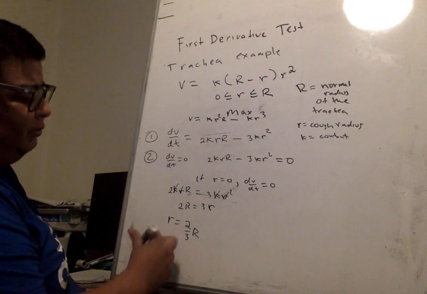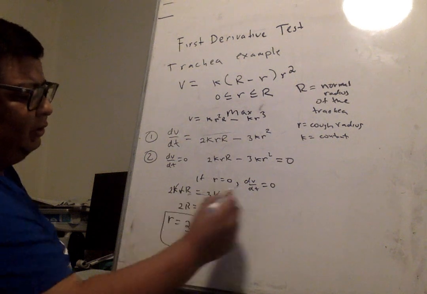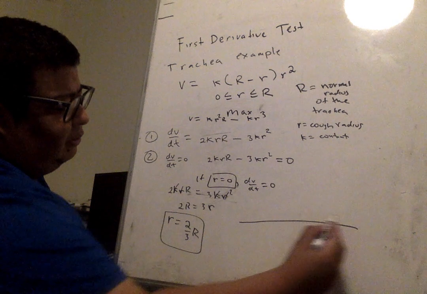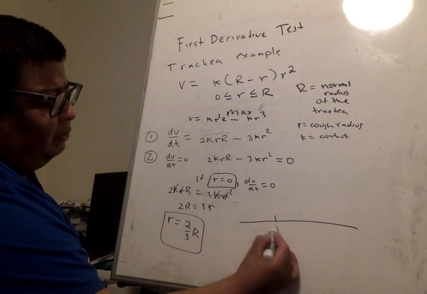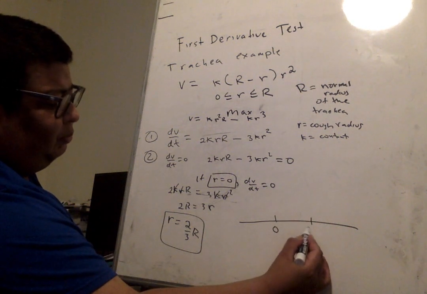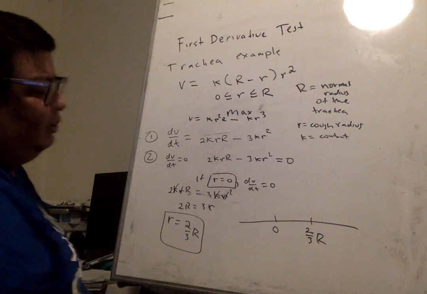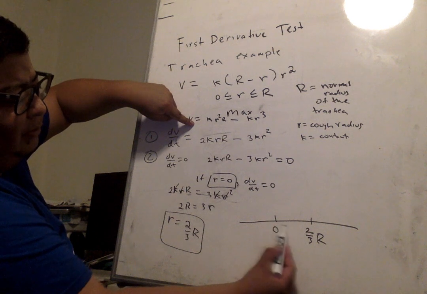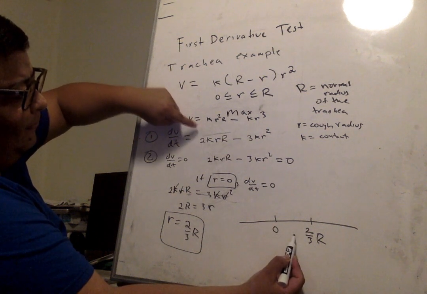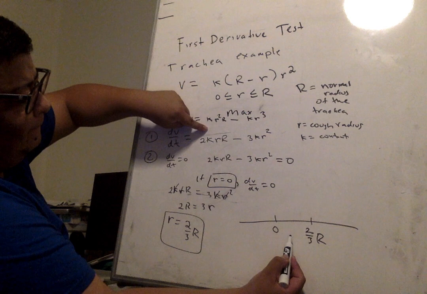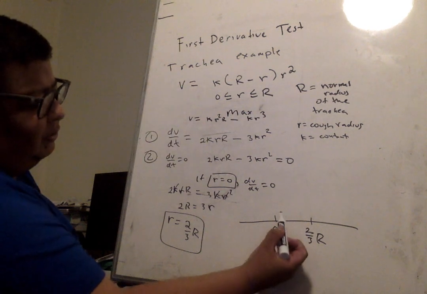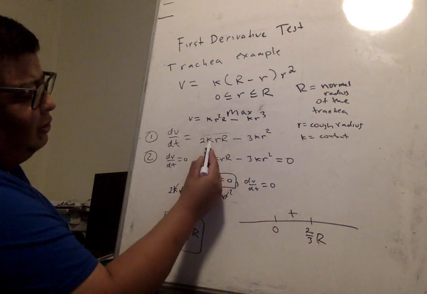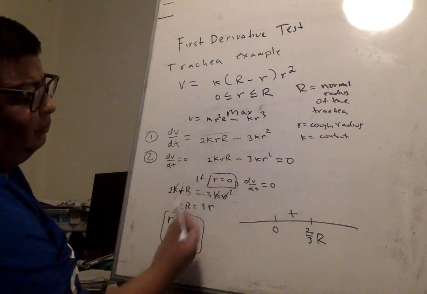So these are the critical values. This is one of the critical values, and this is another one, r equals 0. So if we draw a line and we plug in 2/3. If the derivative is between 0 and 2/3 r, then this function is positive in this interval, because notice this term is going to be bigger than this term.